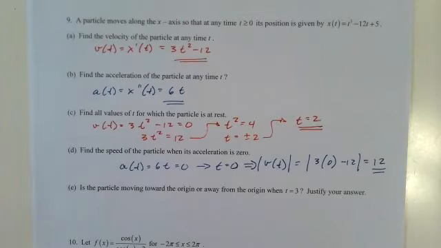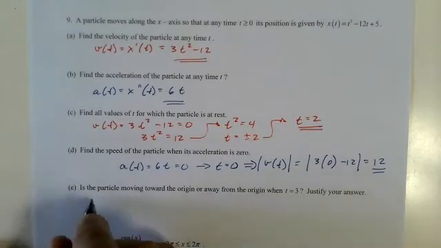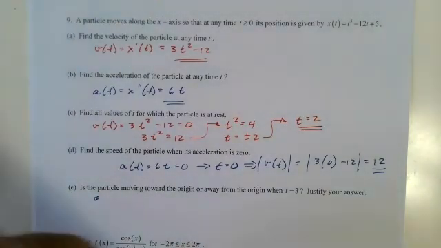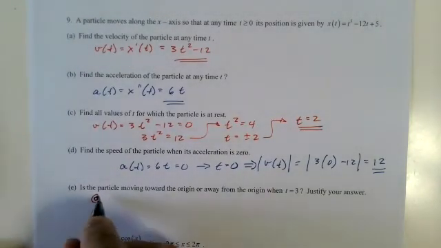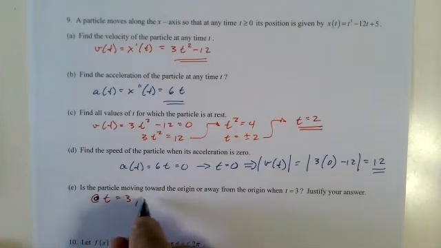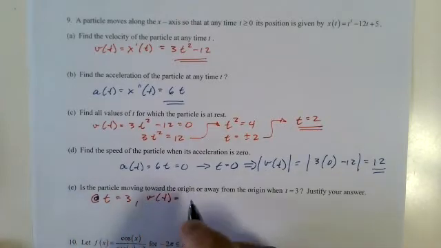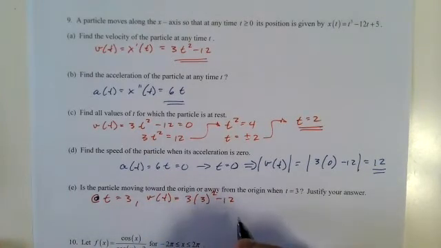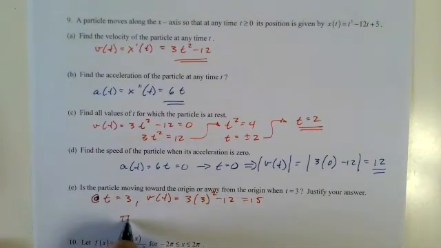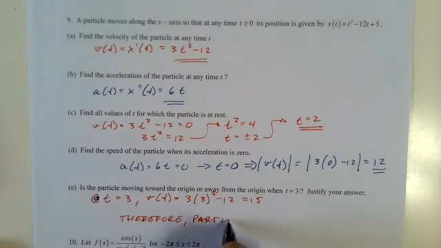Is the particle moving toward the origin or away from the origin when t equals 3? At t equals 3, v of t equals 3 times 3 squared minus 12, 27 minus 12 equals 15. Therefore the particle is moving away from the origin.